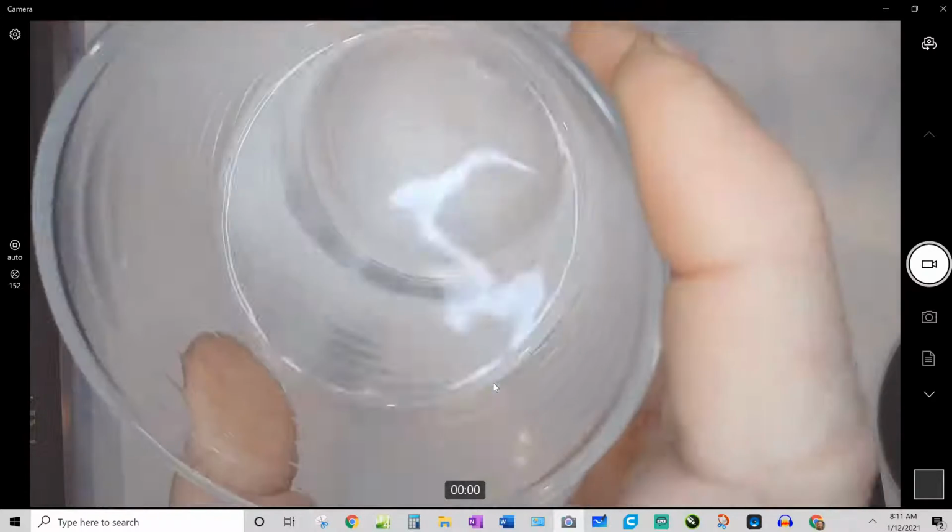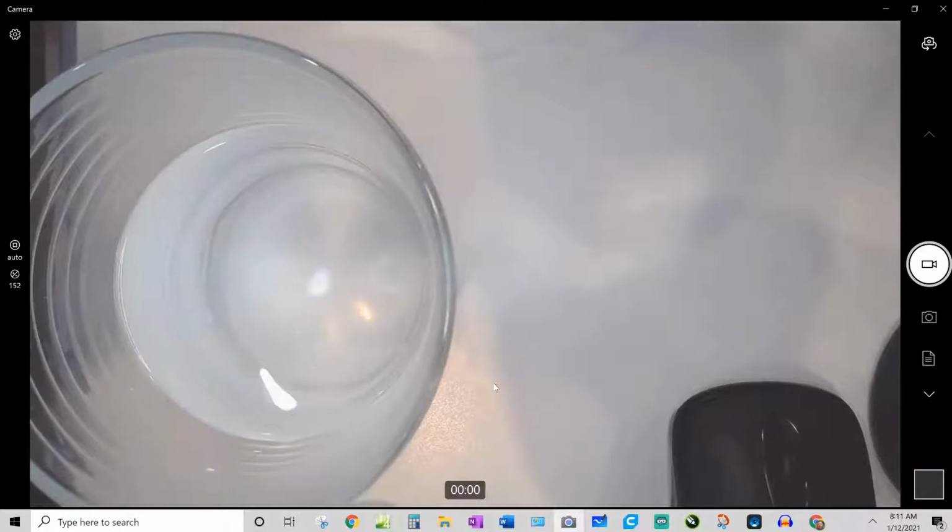Now, looking down in there, if I tip this, turn this light off. I think the glare is not helping. I don't know if you can see it. It's pretty much gone already. It just kind of dissolved itself.